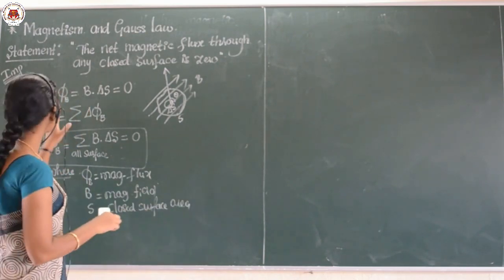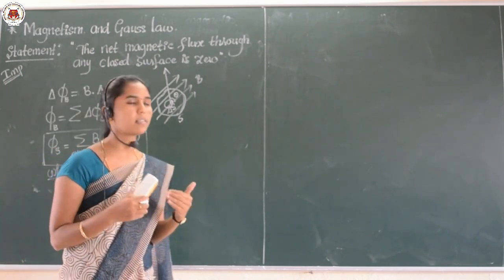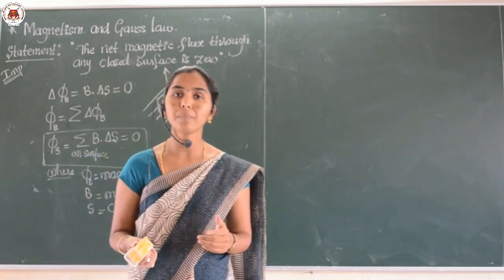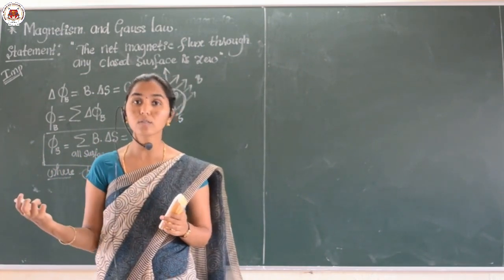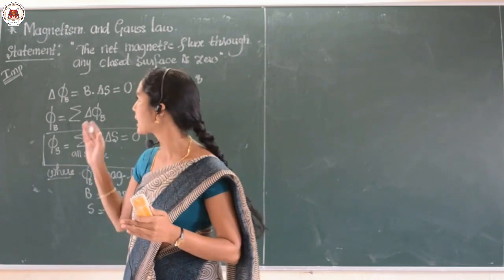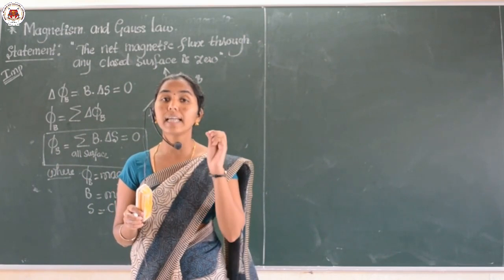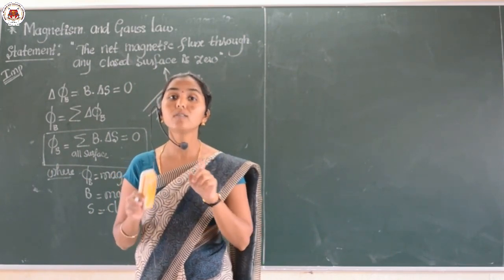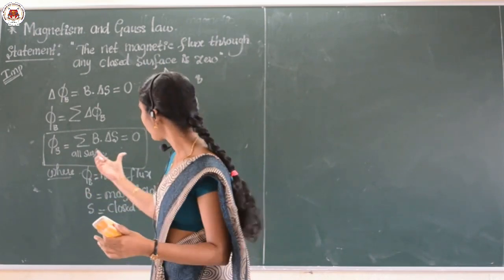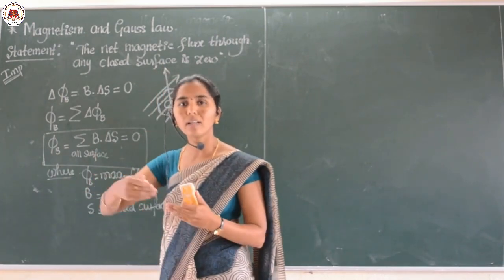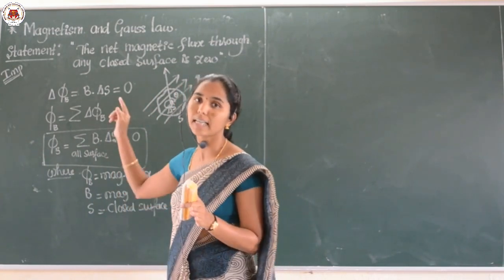So this is about the Gauss law in magnetism. And see what is the difference between the Gauss law in electrostatics and in magnetism. It clearly tells that the Gauss law in magnetism explains there is no existence of the monopole. What I explained here reflects that monopoles never exist in the case of a magnet.